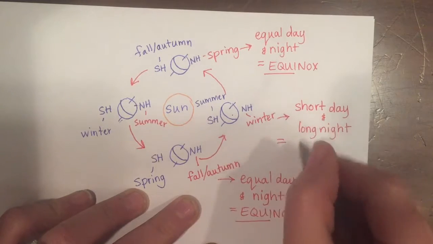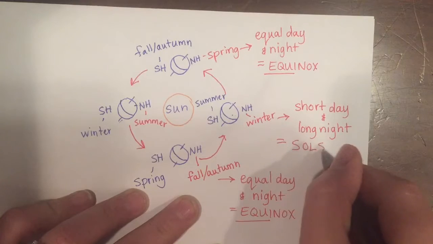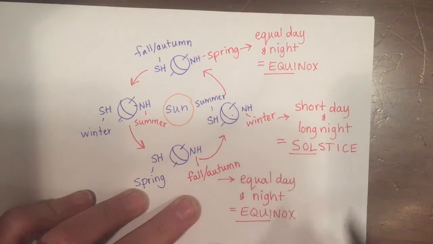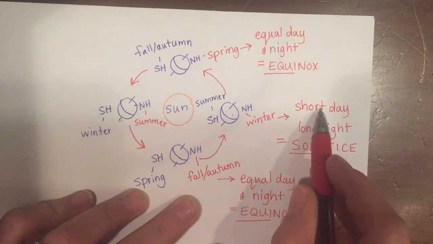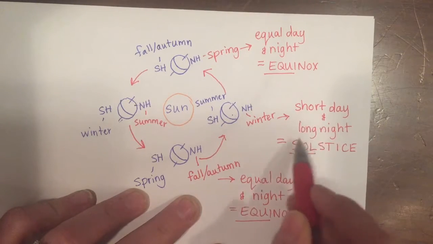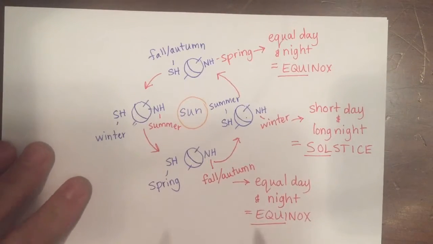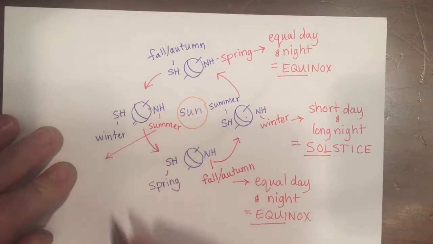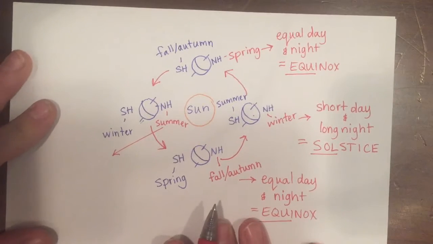We call this the winter solstice. Sol for sun, meaning that during the day we don't have a lot of sun. That's where we get sol from. And then the final season that we haven't covered yet is summer. And I know there's a lot of arrows on here. I hope it's not too confusing.